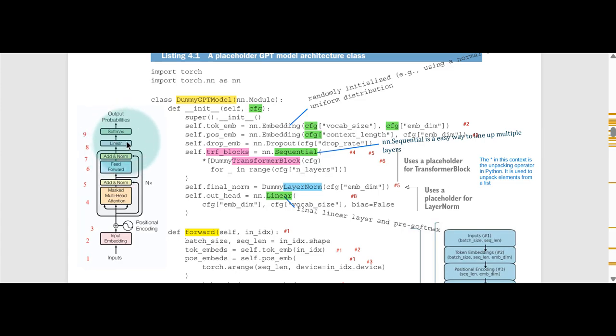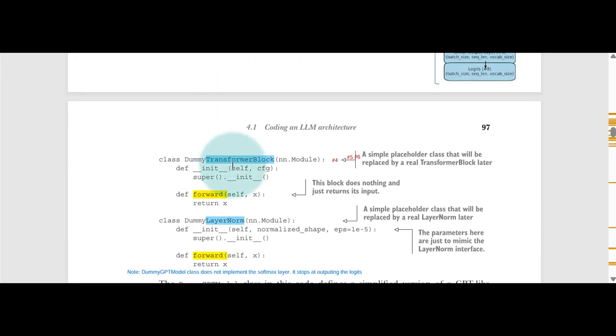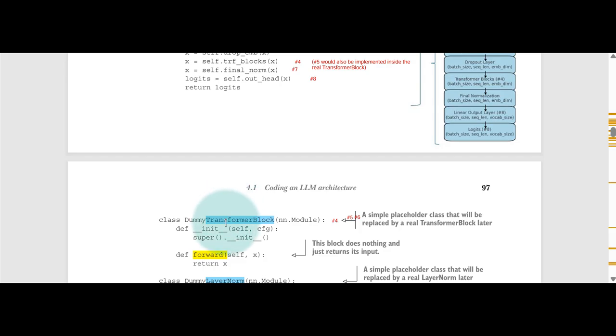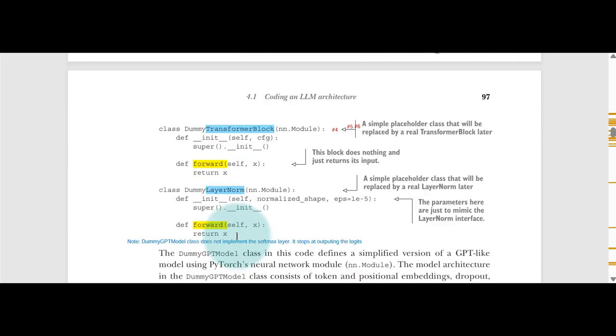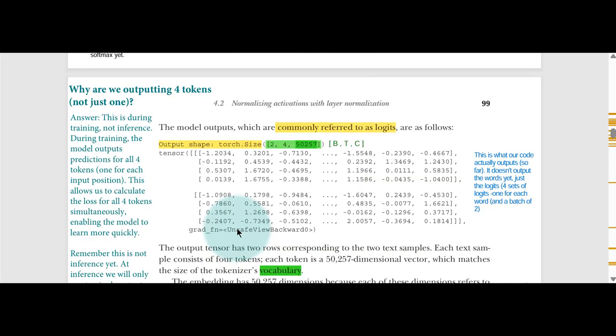So that's our GPT model. But we still have to fill in a lot of pieces. For example, we have to code the transformer block, and we have to code the layer norm. Maybe not a lot of pieces, but at least this is fairly complicated. This one is not complicated to code. So the first one he does is the one that's not complicated, that is, the normalization class.